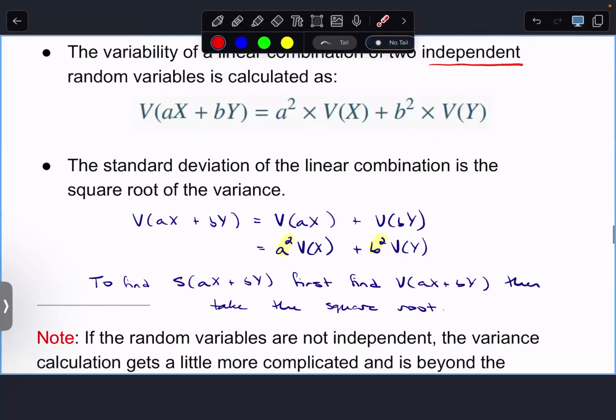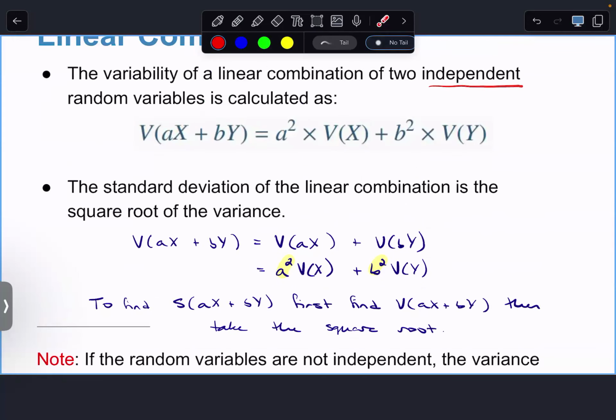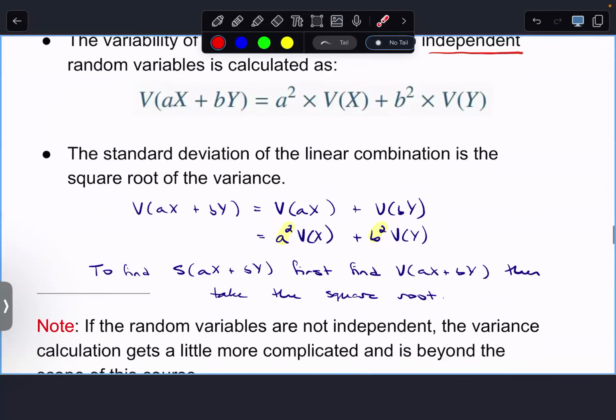But we are assuming that x and y are independent variables. What does independent mean? Knowing the outcome of one doesn't affect the probability of the outcome of the other. Independent events would be things like I flip a coin and then I roll a die. The die doesn't care what happened with the coin, and vice versa. Those would be independent random variables.